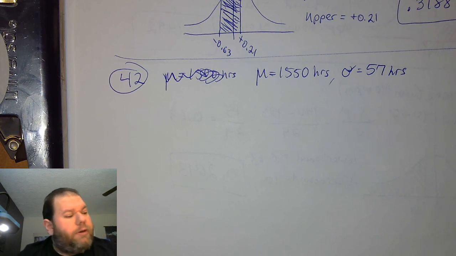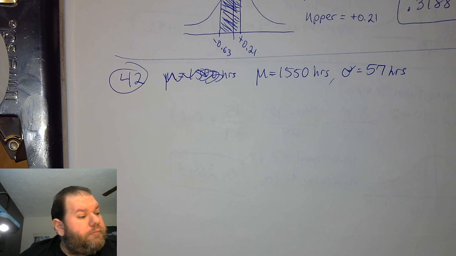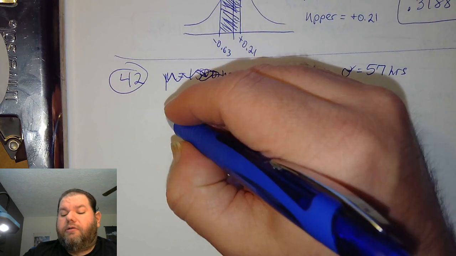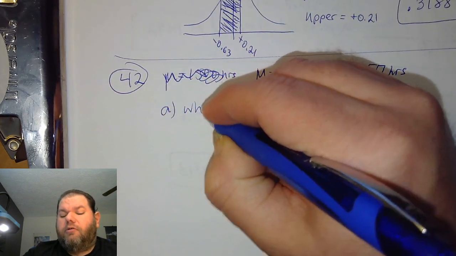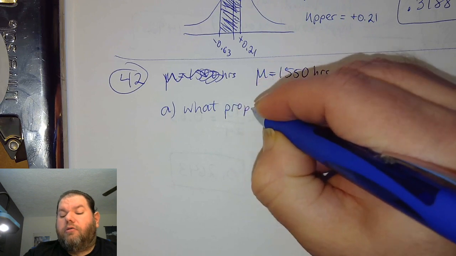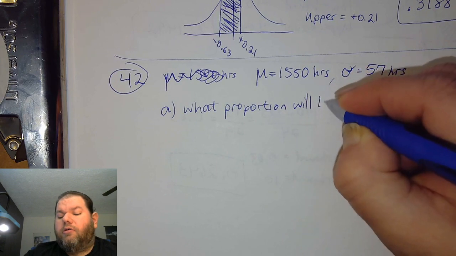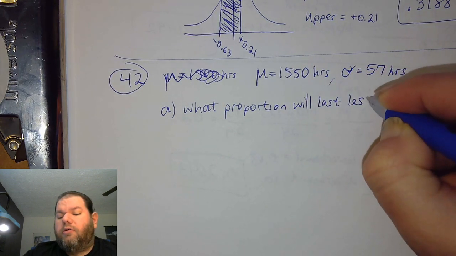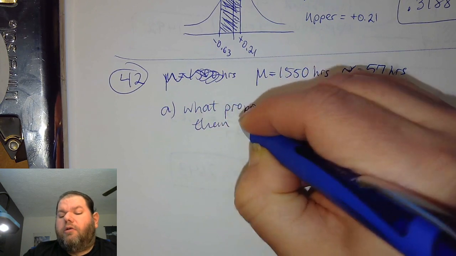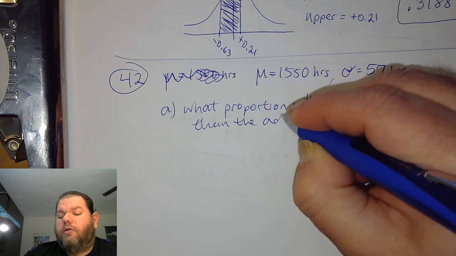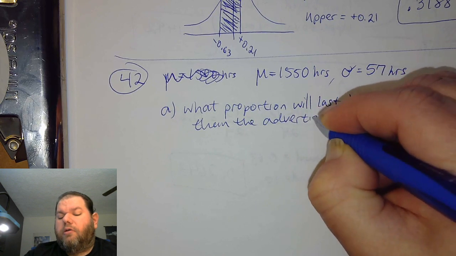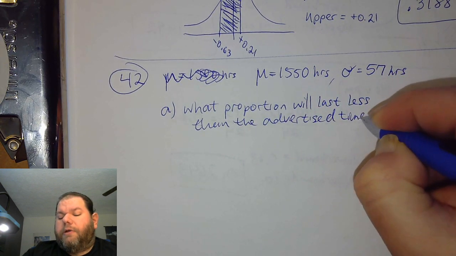And again, we'll start with question B here. Actually, we could begin with question A. What proportion of the light bulbs will last less than the advertised time? Okay.